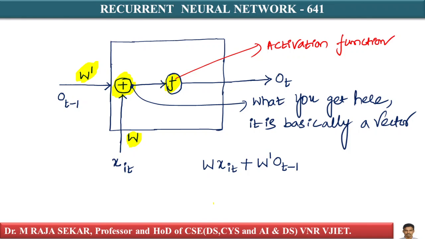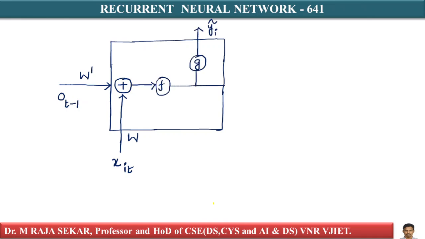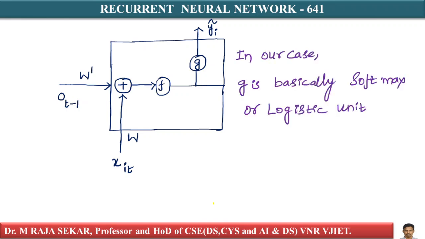It may or may not be. If it is not the last word, you don't have to worry. If it is the last word, you have another function here. The other function is G, which generates your y_i cap. In our case, G is basically softmax or a logistic unit, the sigmoid unit.